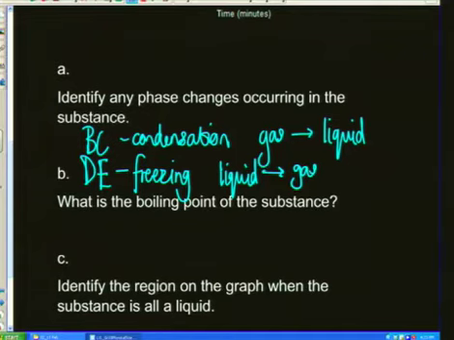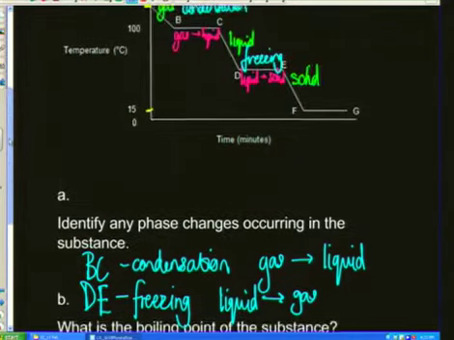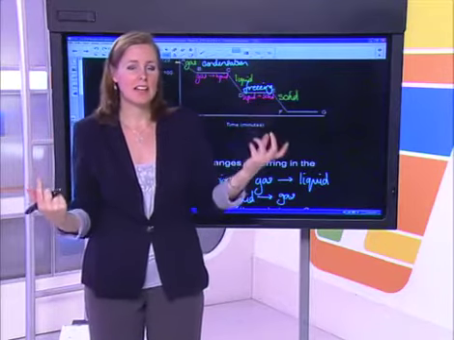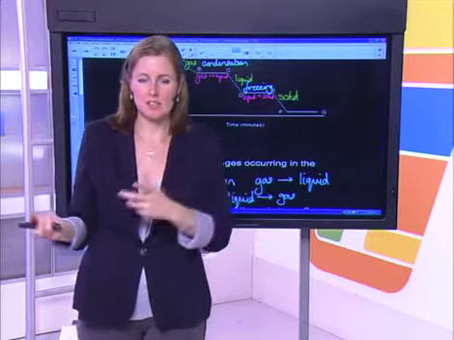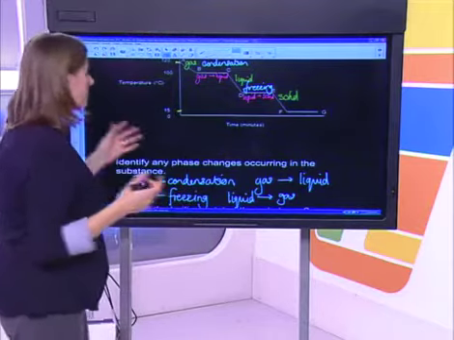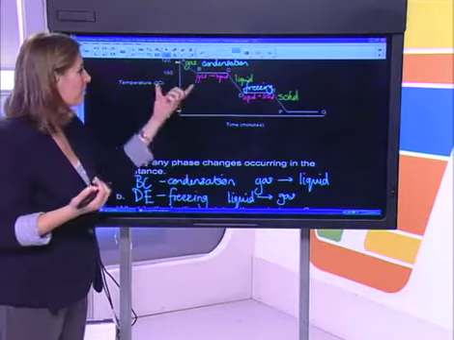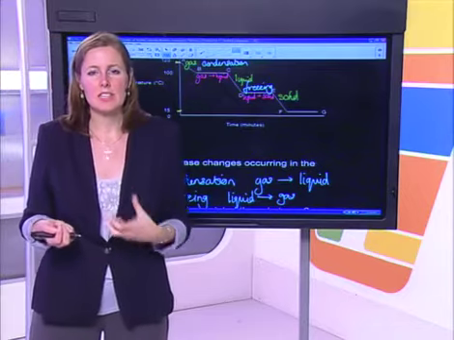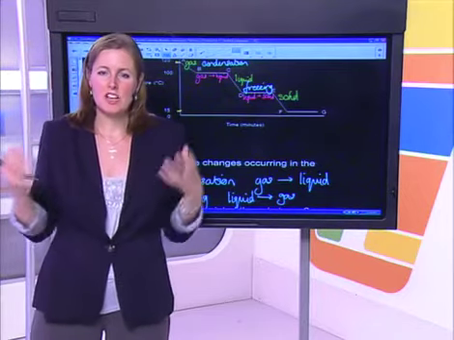What is the boiling point of the substance? Okay, now boiling point is the temperature at which something goes from a liquid to a gas, or vice versa, a gas to a liquid. It could also be called the condensation temperature, but we usually speak about the boiling temperature, the boiling point. It's a specific temperature at which that substance undergoes a phase change between liquid to gas or gas to liquid.